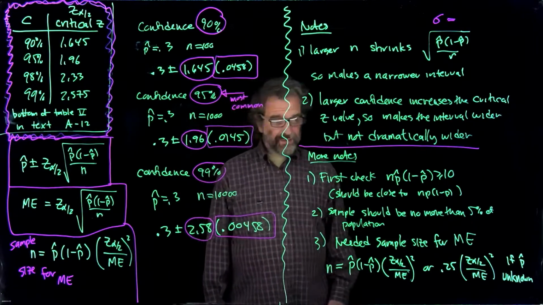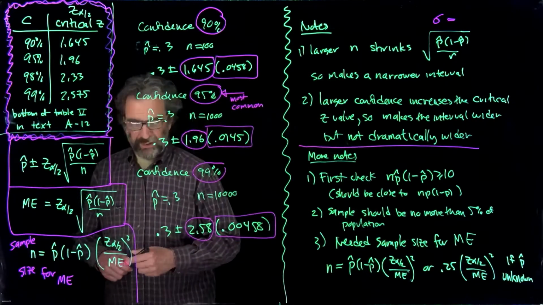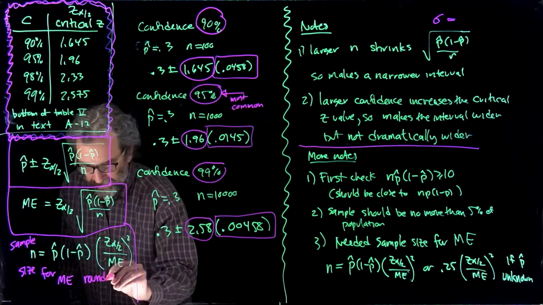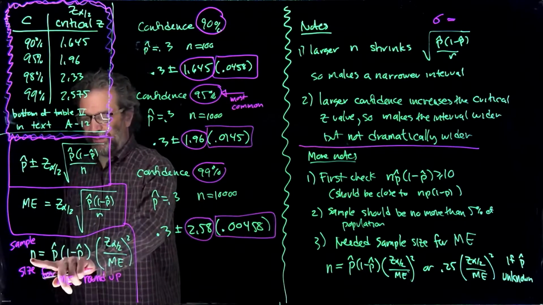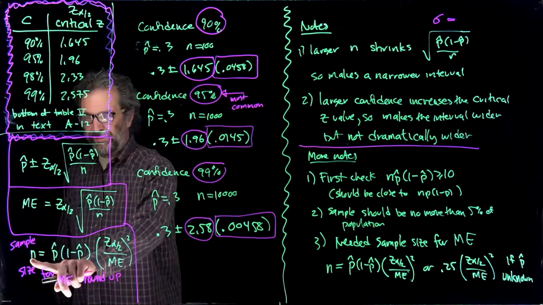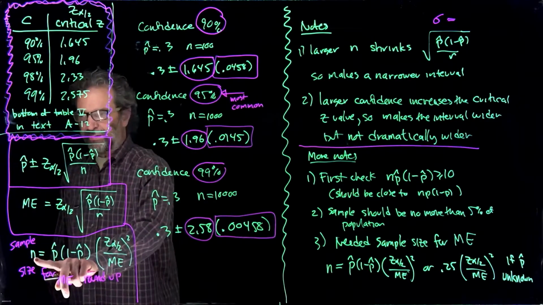And then a needed sample size for margin of error, we said this is the formula you're going to use. And you're going to always round up, no matter what. So if this came out to be 31.2, you'd round it up to 32. That's because 31 would be too small. It won't quite do it. 31.1, if you can make it, will work and give you that margin of error. Anything smaller than 31.1 wouldn't work.